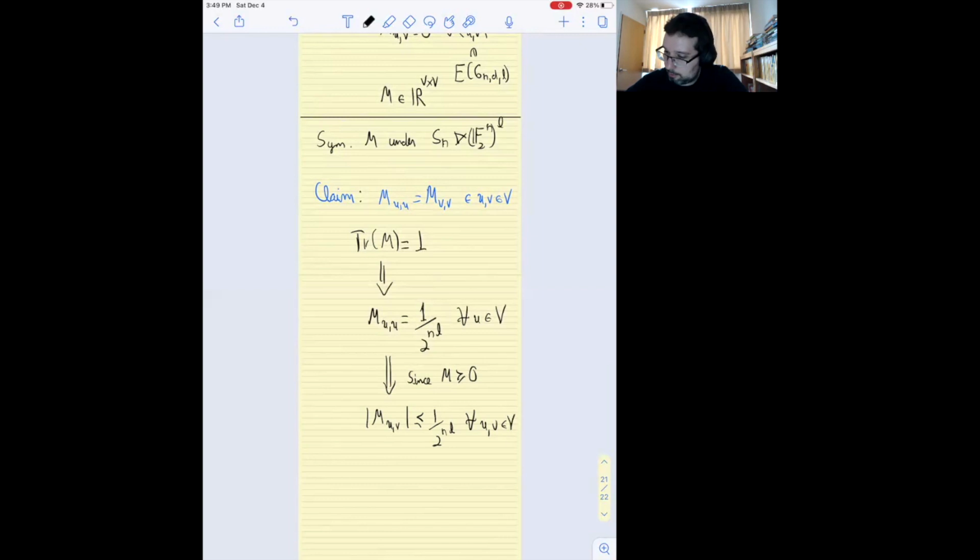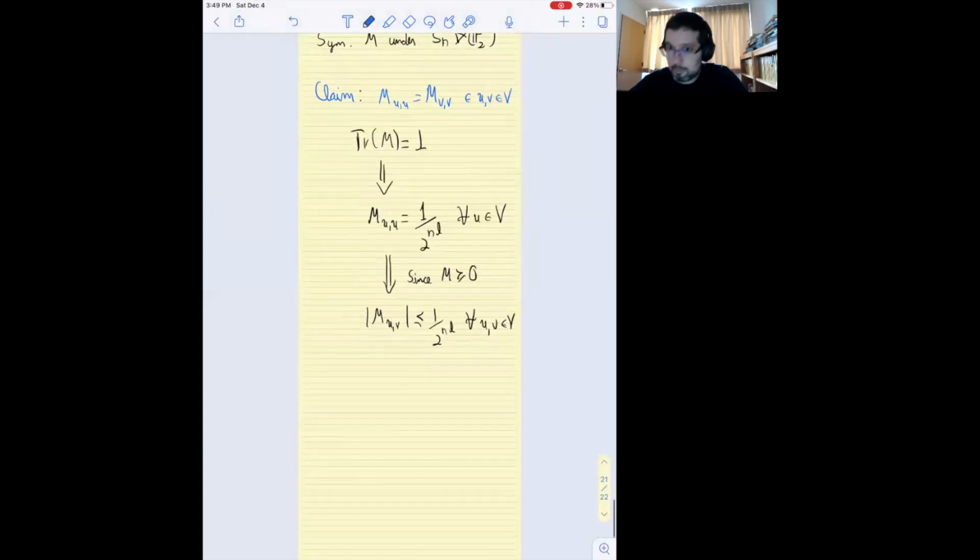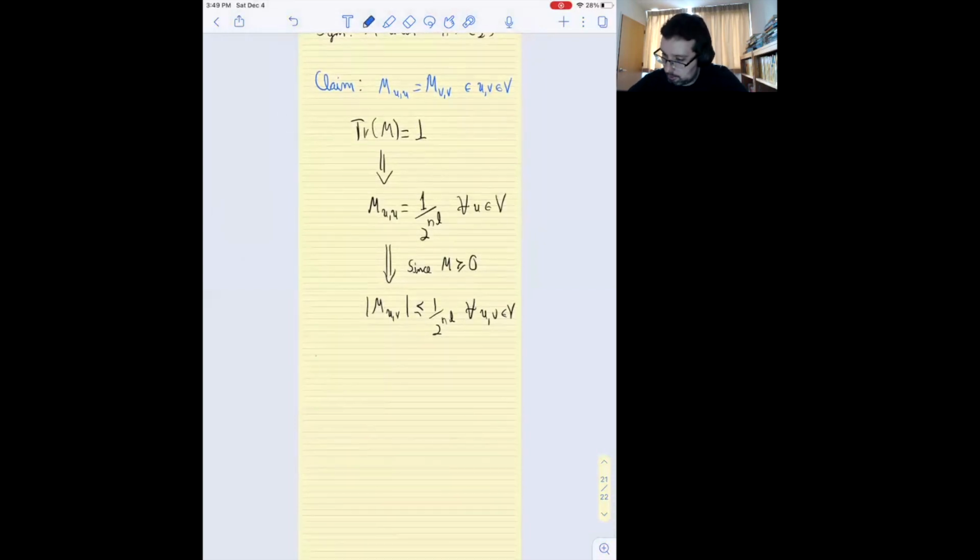And that's definitely something that we want to store here. So let's record this in the claim: after symmetrization, the infinity norm, the largest entry, is bounded by 1 over 2 to the nL.